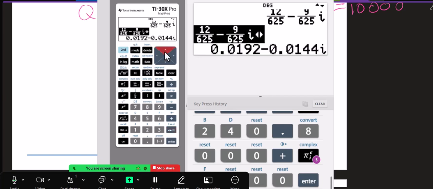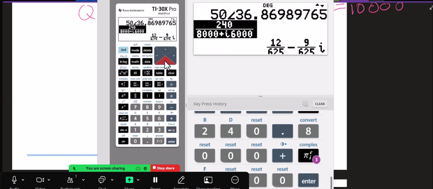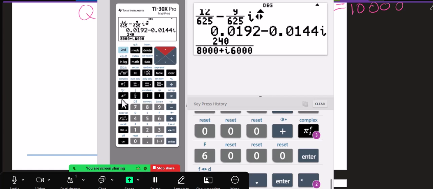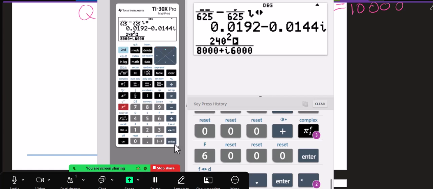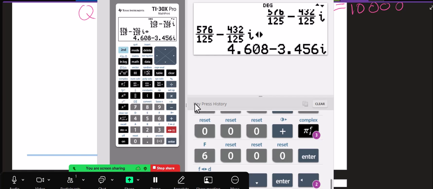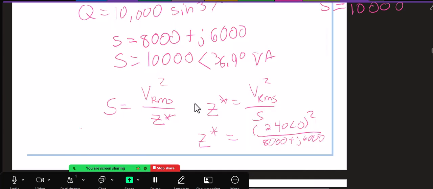Did I forget to square it? I forgot to square it. Yep. 4.6 minus j 3.45. Now that is Z conjugate.